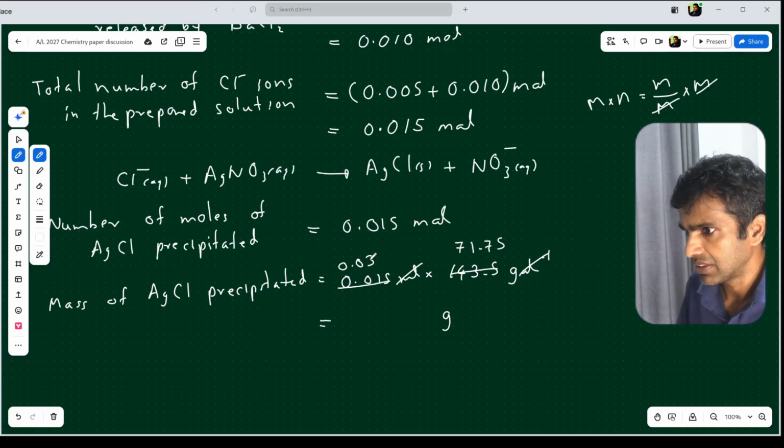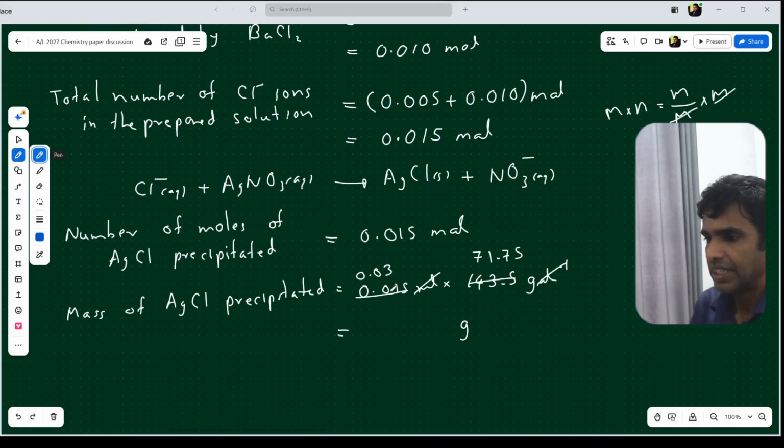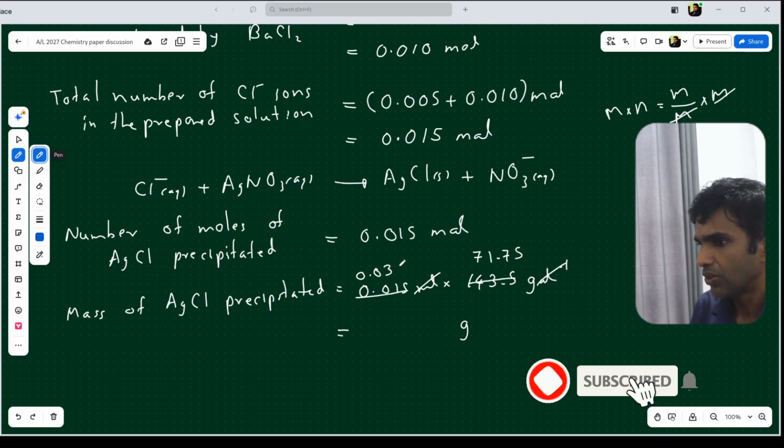We multiplied this value by 2, then we divided this value by 2, so it is the same value. As this is an MCQ, you don't need to simplify this multiplication exactly. So this is 0.03 times 71.75. We can take it as 0.03 times 70.